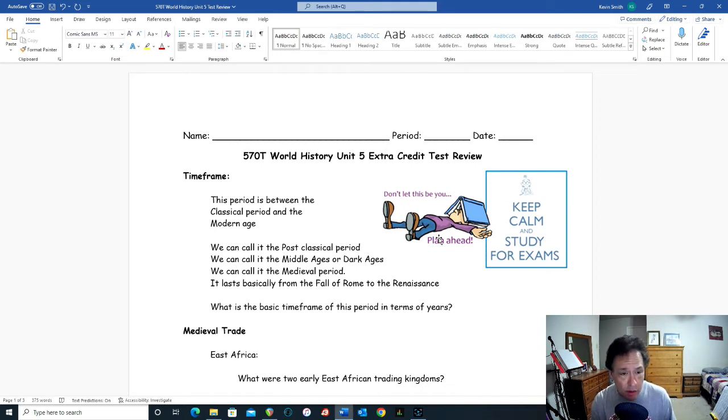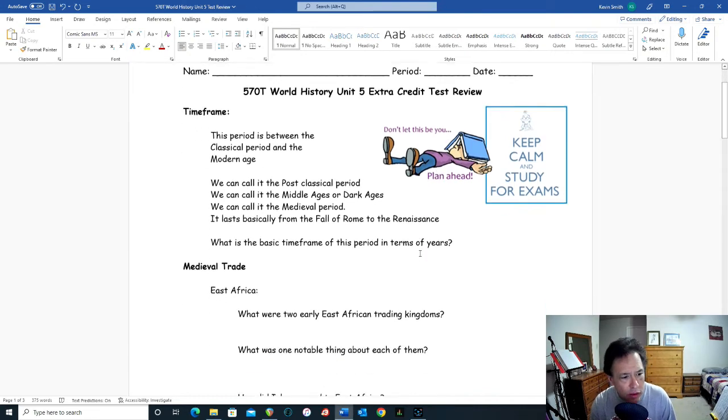You could chalk it up to a lot of different things: the Crusades, the Black Death, the 100 Years' War, the Great Schism. You could chalk it up to other things as well, the Protestant Reformation, the Renaissance. But no matter what you do, it all goes back to one common denominator, and that is trade. I've said a million times, if you don't have trade, you don't have anything. Literally nothing is going on. And so let's begin with this medieval trade.